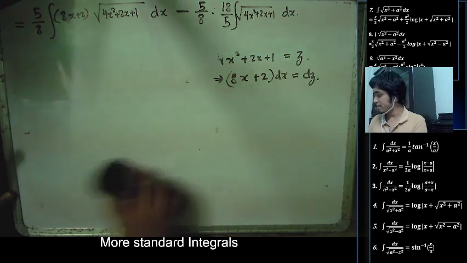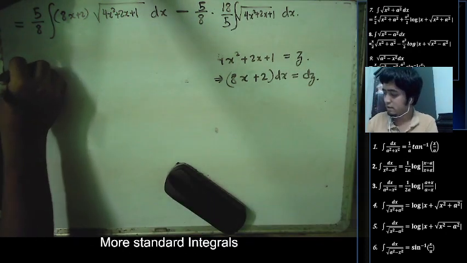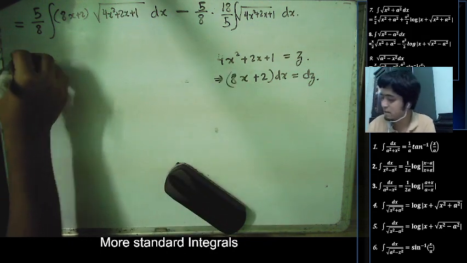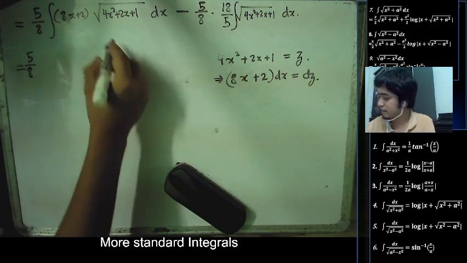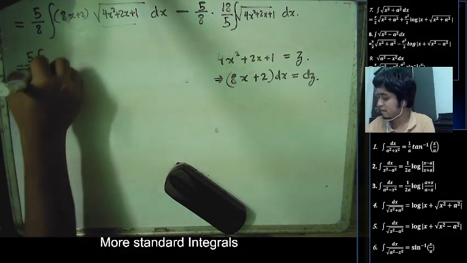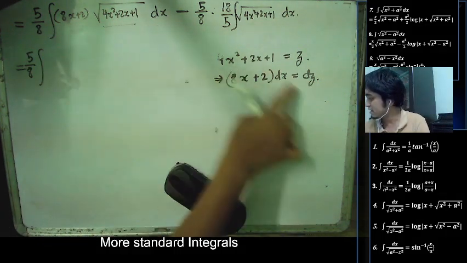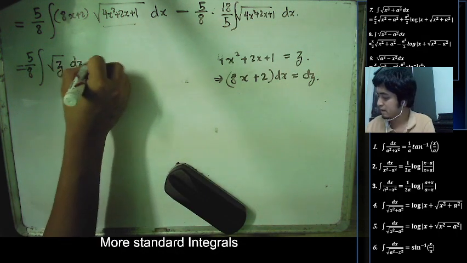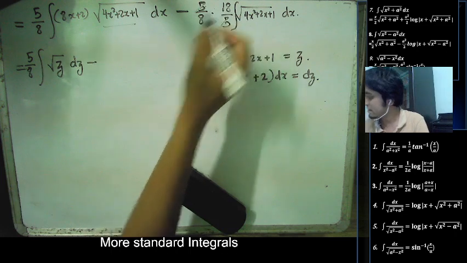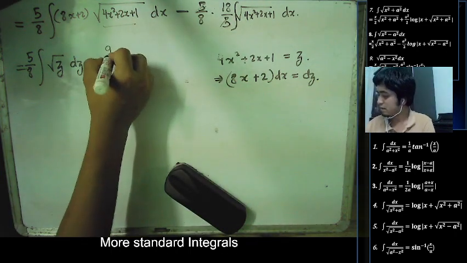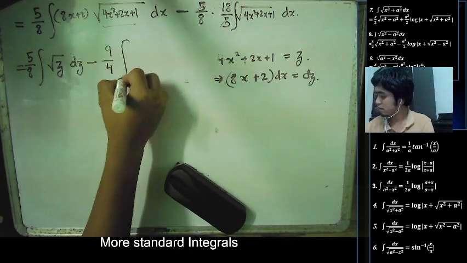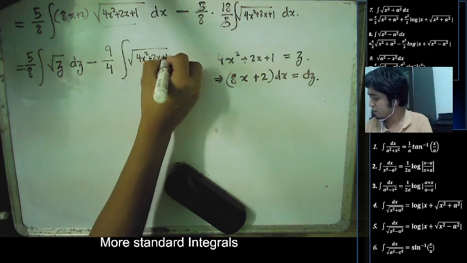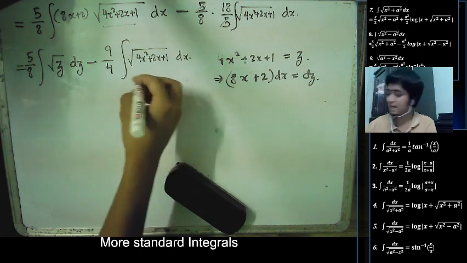So that is what we are having. Over here, in the first integral, you will use the substitution: this one is substituted as z, 8x plus 2 dx is equal to dz. So you'll be having this. Over here you can do some cancellation, 2 9 to 4. So this one, if you see, is actually root quadratic.